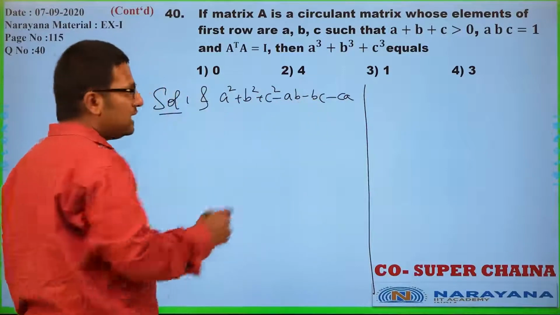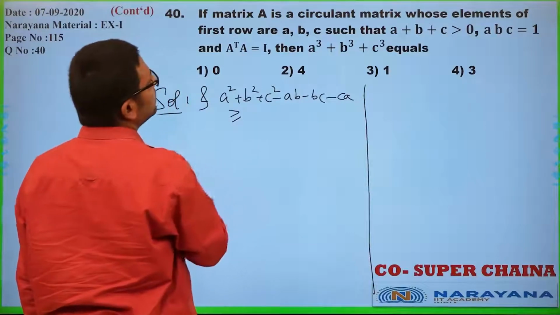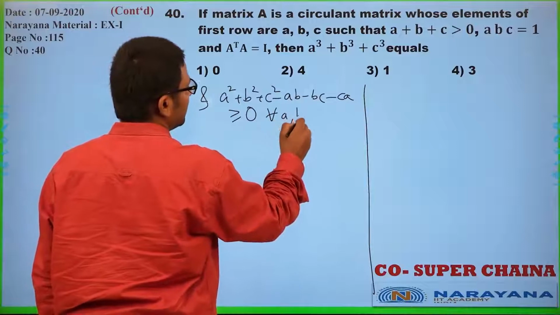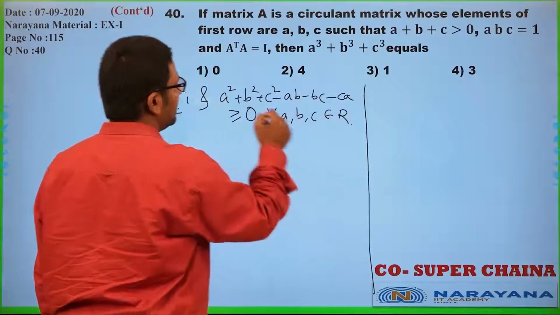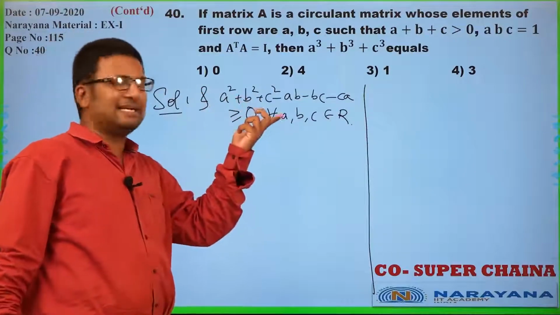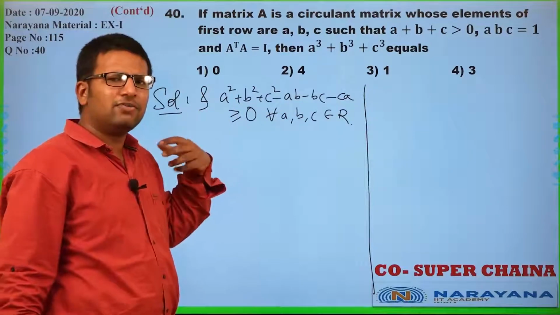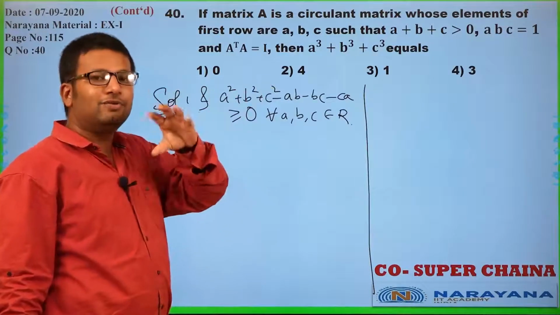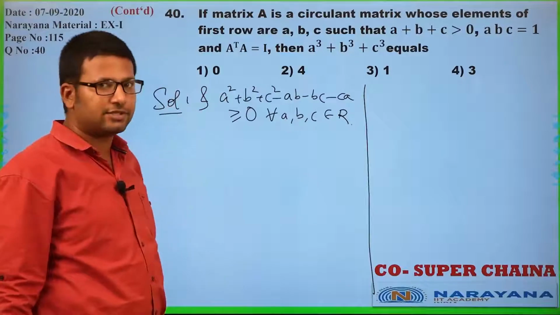This expression is greater than or equal to 0 for all a, b, c belonging to R. I hope you know this, that this expression will always be greater than or equal to 0, because it is half of a minus b the whole square plus b minus c the whole square plus c minus a the whole square. You would have done this in your earliest foundation lectures.